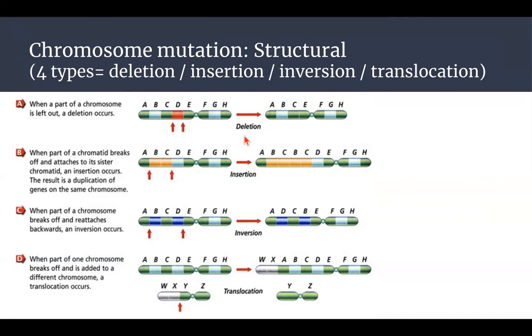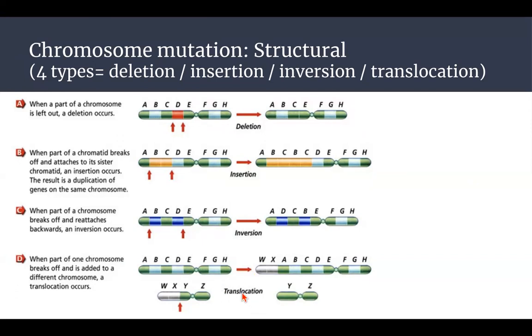That is when you will have a deletion of an entire section from your chromosome, or you have an insertion of an extra section into your chromosome, or you could have inversion. So you're actually inverting two pieces of information in your chromosome, two sections. So you can see A, B, C, D. B and D have been inverted. They swapped places, and so you have A, D, C, B.